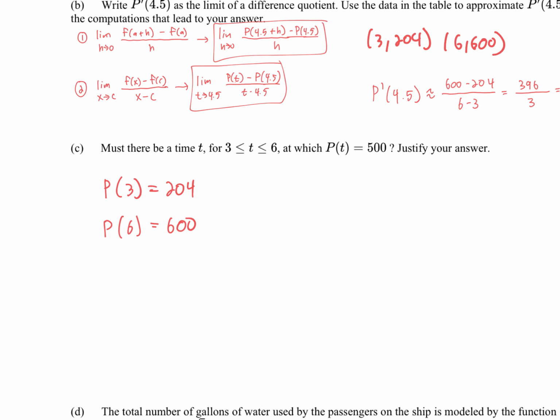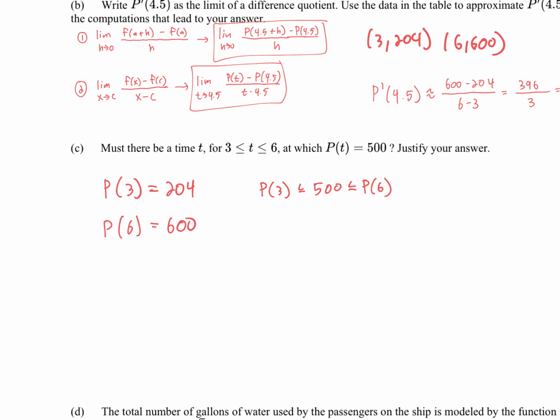Okay, so that means that you could say, and there's different ways to say this, something like 204 less than or equal to 500, which is less than or equal to 600. Actually, probably the best way to write this is basically just saying 500 is in between p of 3 and p of 6.